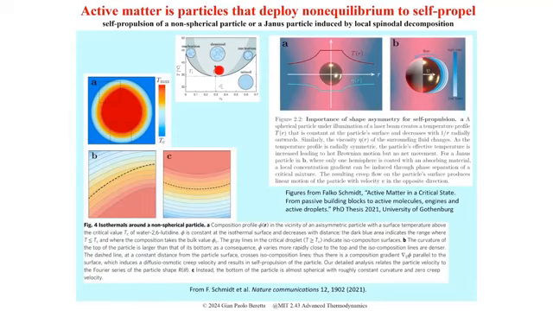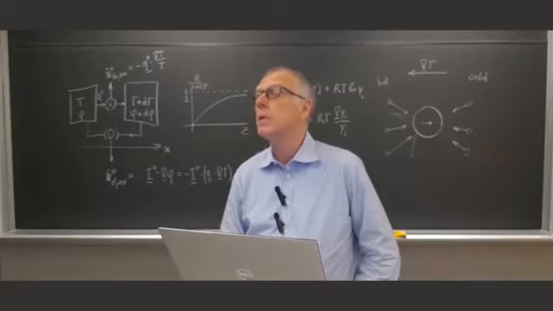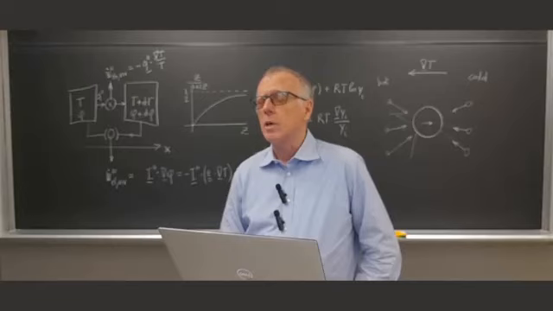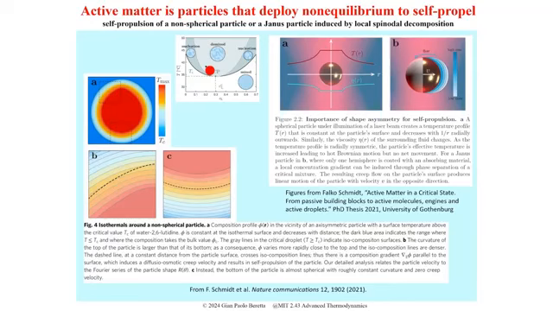And the unstable region creates, let's say, free energy, and that free energy, if properly directed, can be used to propel the particles in two ways. You need asymmetries.